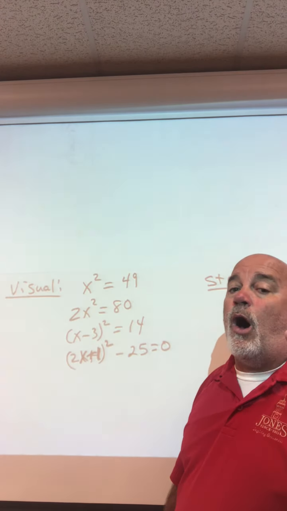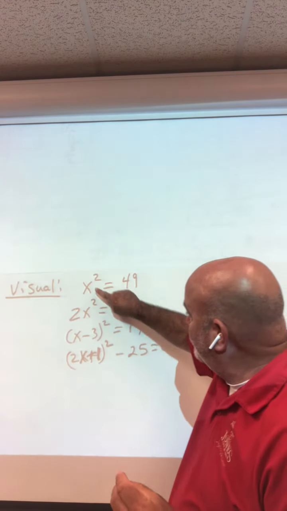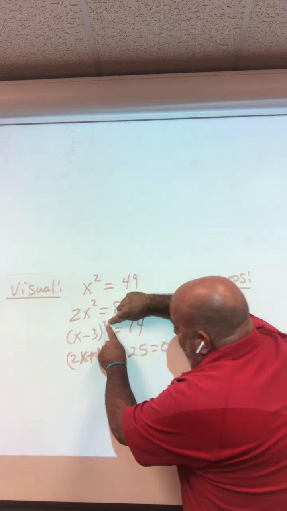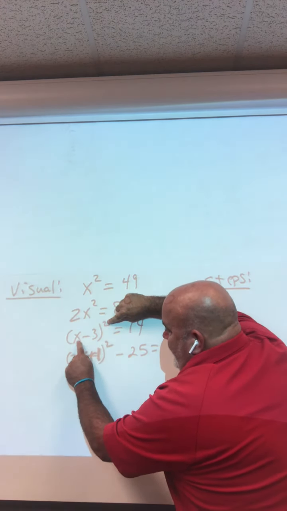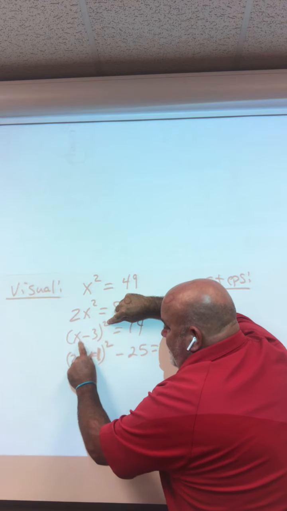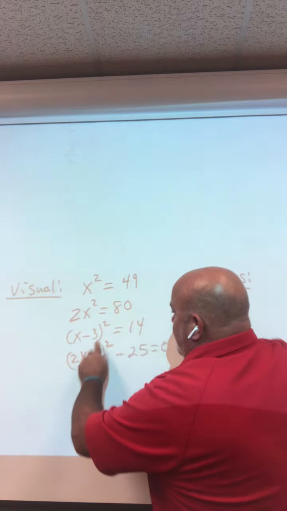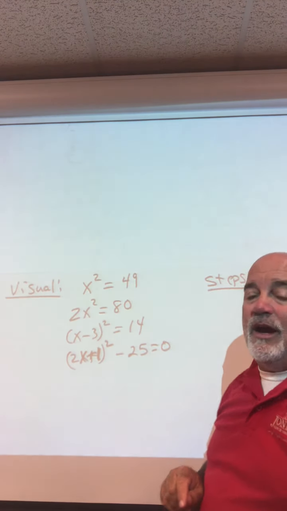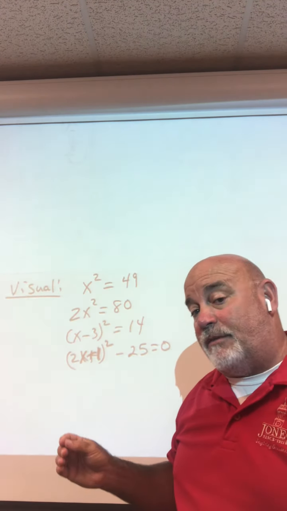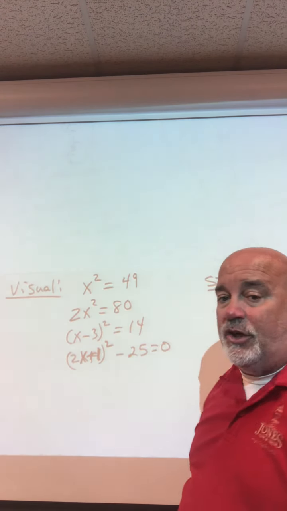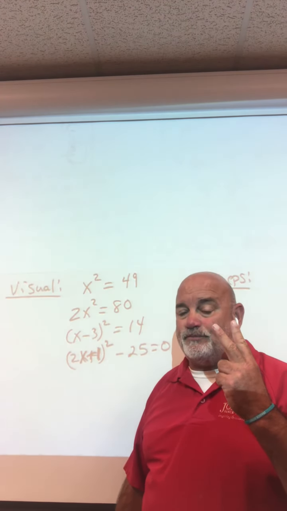Number 2, they're all quadratic because your variable is squared. The variable's in here, so that squares on all of this. So every one of these is a quadratic equation. But there's something else they have in common: in every one of these, you only have two terms.